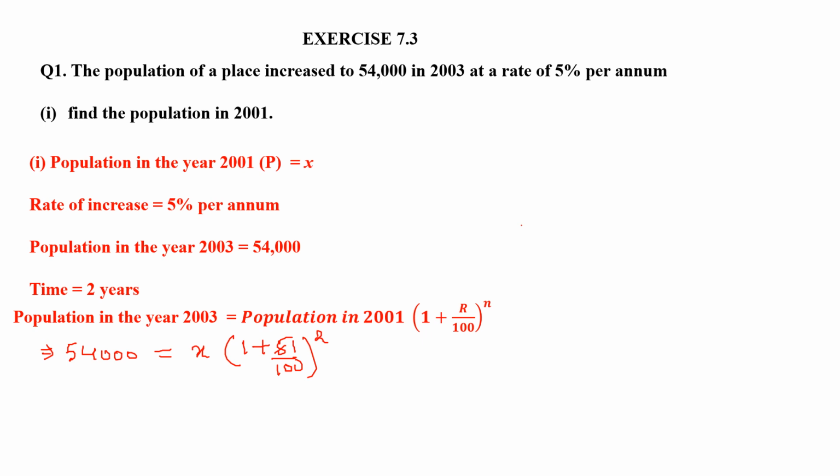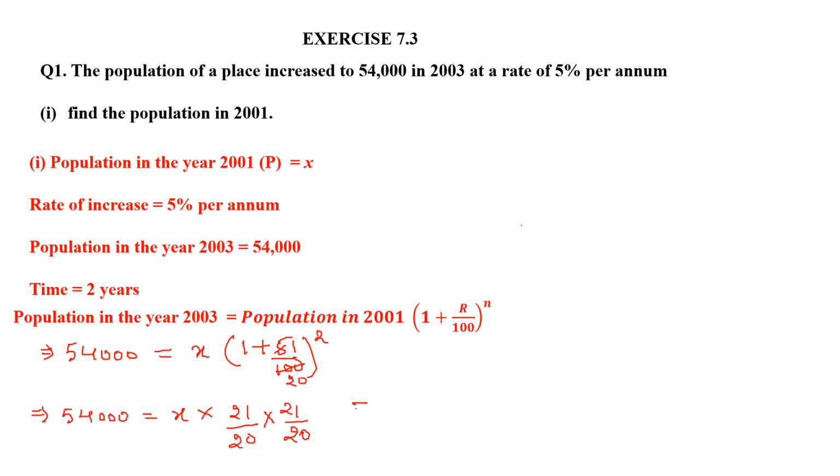And if I reduce it, 5 times 1, 5 times 20. So further I will get 54,000 equal to x into, now if I take LCM, it will become 21 by 20 into 21 by 20.